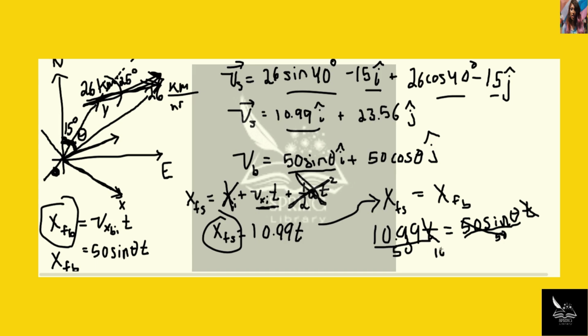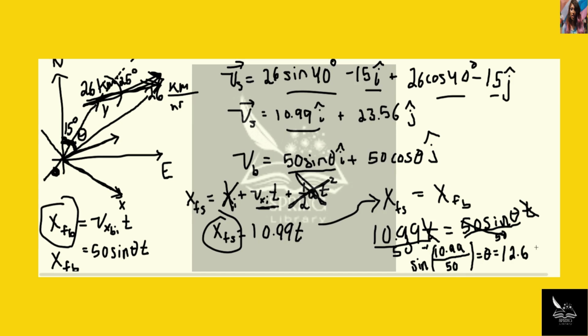And you have 10.99 divided by 50, which we take the inverse sine of, the arcsine, just to clear that sine on the other side, which is going to be equal to theta. Now, that's how we clear that sine. All right. And that's equal to roughly 12.69 degrees.